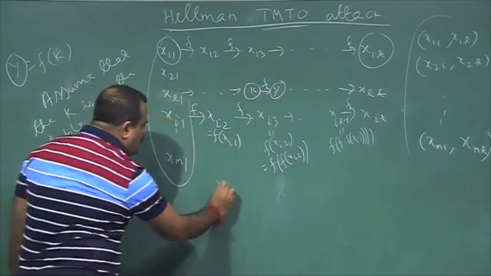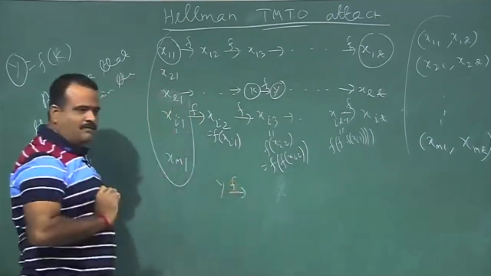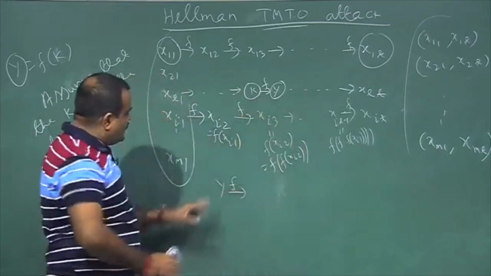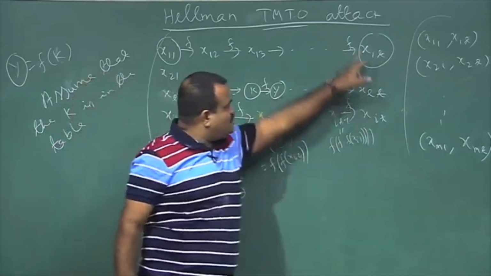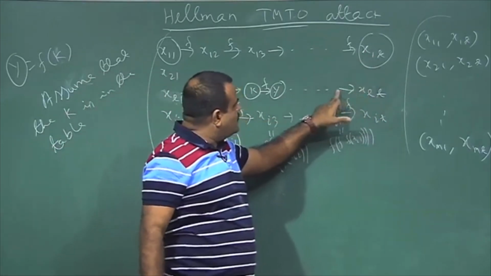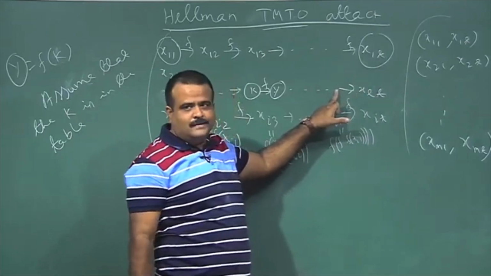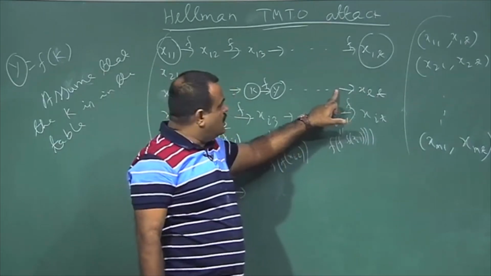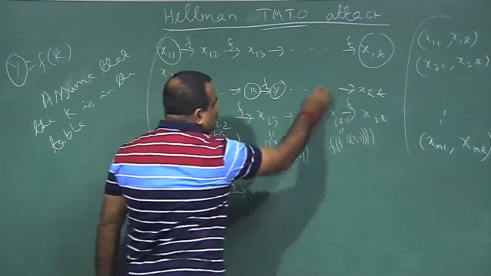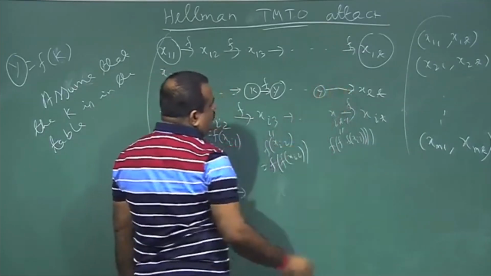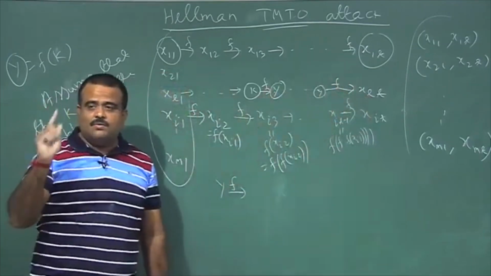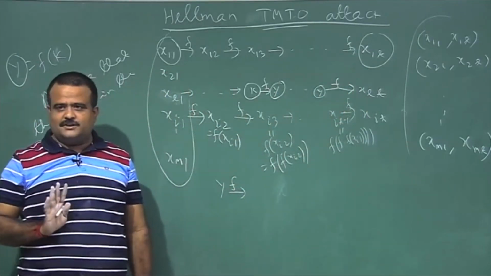So, on the y, we will keep applying f, but we do not know the position where this k is. So, we first check whether y is matching with the endpoints or not. If y is matching with one of the endpoints, then we know the previous one is the key x, or k. Now, if not, suppose y is here, then we apply f on it and check whether it is matching with the endpoints or not, by binary search.